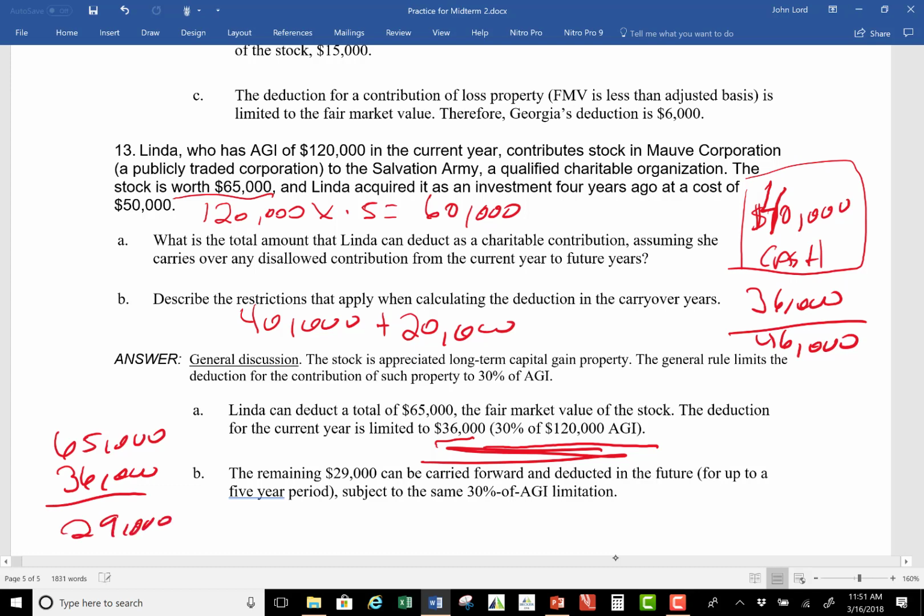That will carry forward into the next 5 years, and it maintains its status as a 30% limitation. So she'll be limited to 30% of her AGI going forward to continue to deduct those additional amounts. And of course, if she gives other contributions, that all counts against her 50% category.